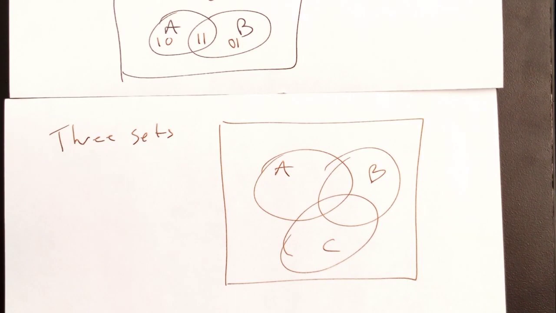Do I have all the pieces I can make out of 3 sets? I think you would have like B, C, A, C, and A, B. Okay, but you haven't given me an operation for those. Is that union or intersection?